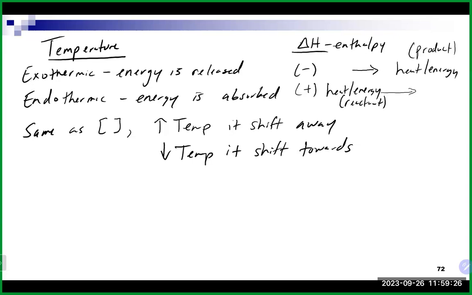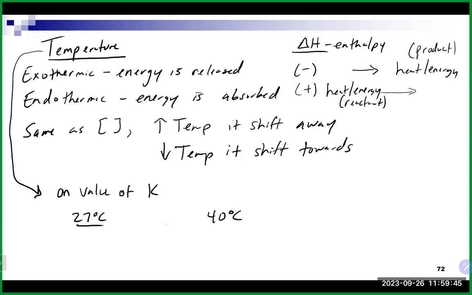And if you remove, it goes towards. The other thing about temperature that we talked about is that it is the only thing that has an effect on the value of K. So once again, the K at say 27 degrees Celsius versus 40 degrees Celsius, these K values will be different.